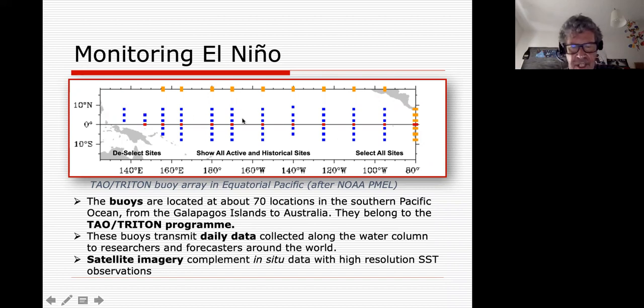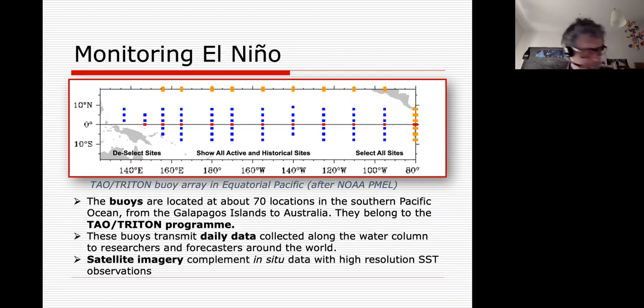And you see here, each dot is a buoy, which automatically collects meteo-marine variables that are transmitted daily and disseminated to researchers and forecasters around the world. So this is good for improving models and the understanding, but also the quality and skill of the forecast models for ocean and atmosphere.